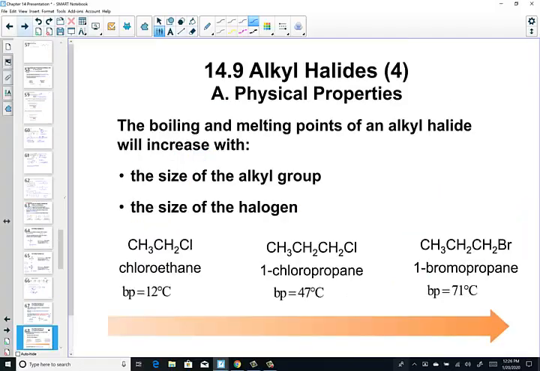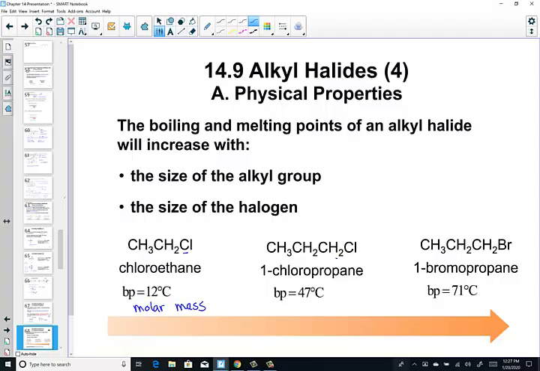Here we have a chloroethane, chloropropane, and this one I guess is bromopropane. What do we notice? That the boiling point begins to increase as the size of the halogen increases. So here we have a molar mass consistency.